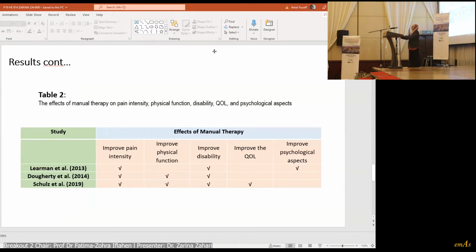For the physical function, Doherty and Sharps found positive, significant values. For the disability, all those 3 studies. For quality of life, only Sharps showed good effects. And for psychological aspects, Lemon.